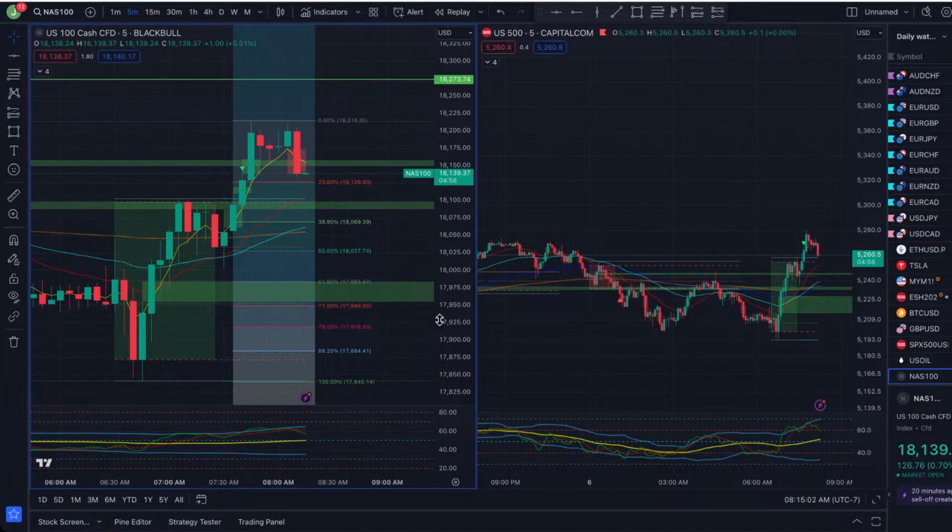As mentioned before, this has to look obvious. Now we're below that fair value gap, bouncing off the consequent encroachment of it to the downside.